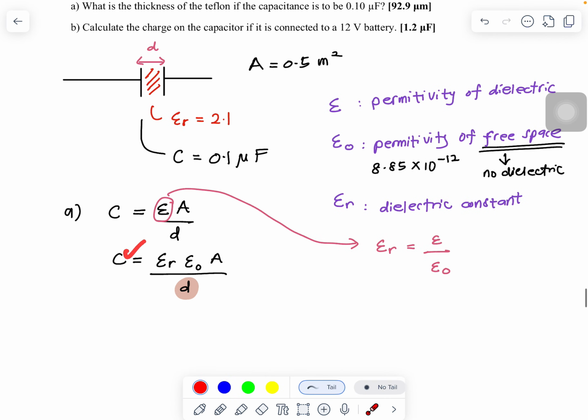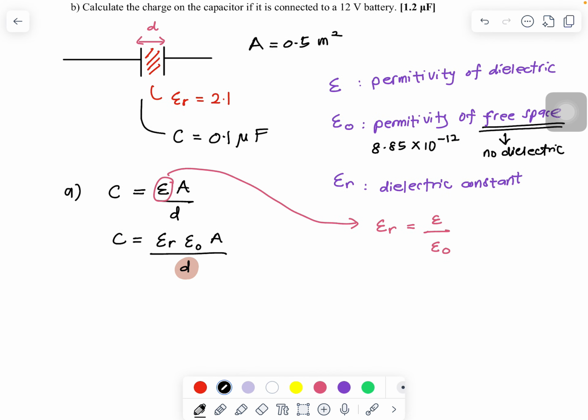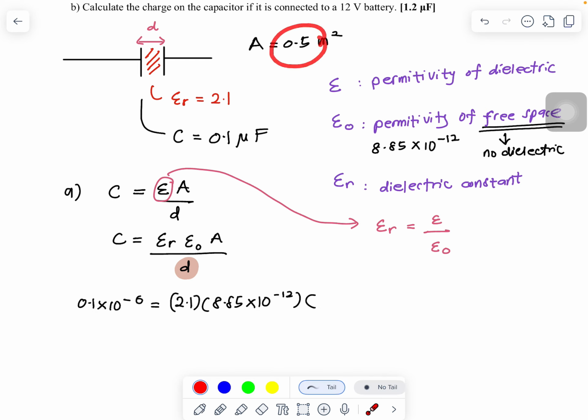Okay, C ada, ER ada, E naught is the constant one, area pun ada. So masukkan 0.1, ER is 2.1, E0 is 8.85. Okay, area already in meter, 0.5 divided by the D, the distance.